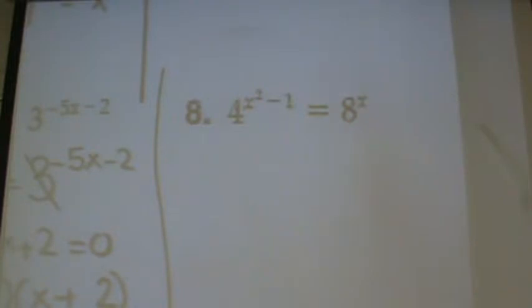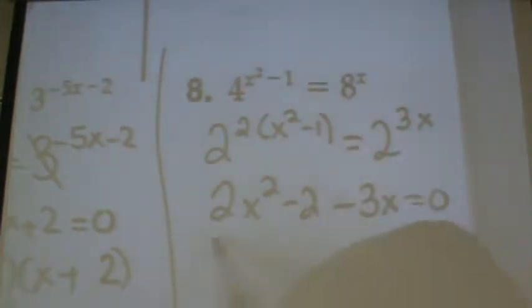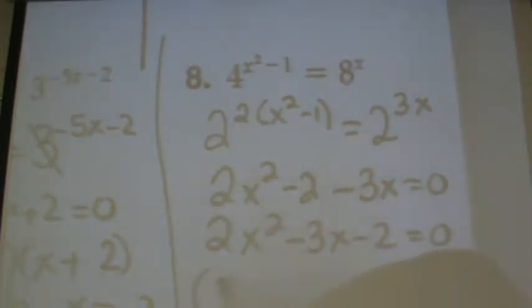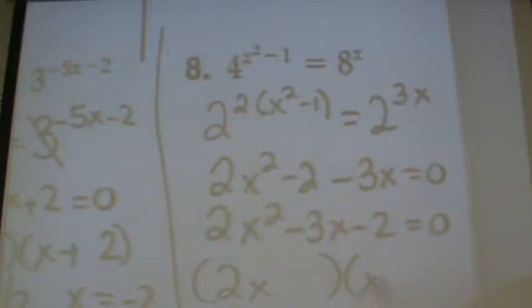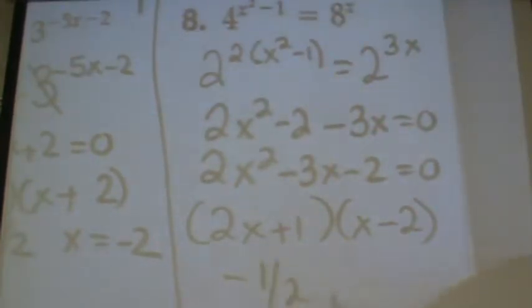Change both the bases to 2. Mm-hmm. This is going to be 2 squared and then x squared minus 1. 2 cubed and then x, so it's really 2x squared minus 2 minus 3x. It's going to be minus 2 plus 1, so is it negative 1/2 and 2?